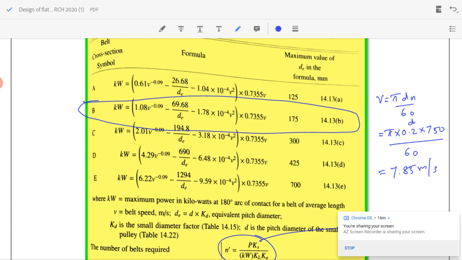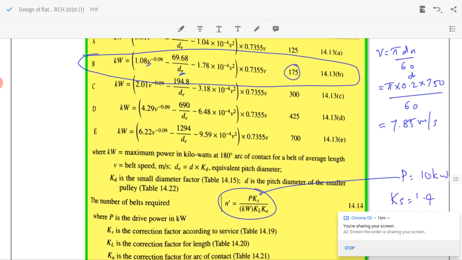So we have got this velocity. Now the only thing we have to find in this equation is dE. dE is the equivalent diameter. The maximum value of equivalent diameter is 175 mm, which is given in this equation.